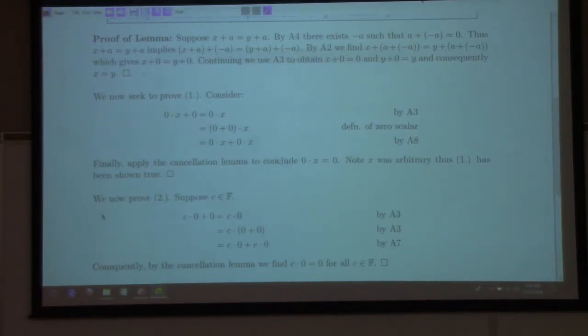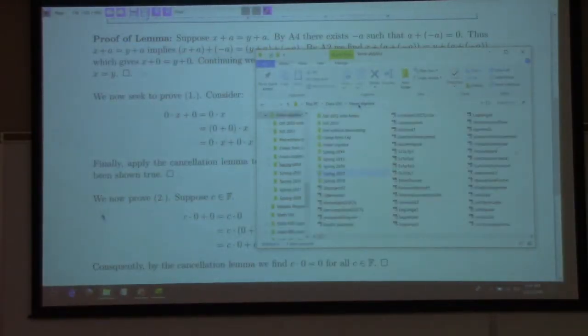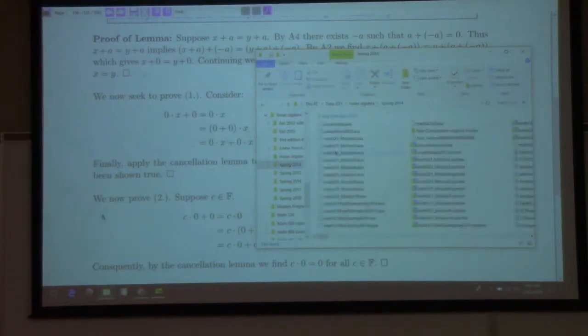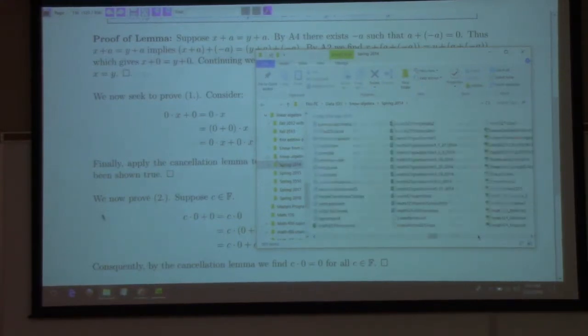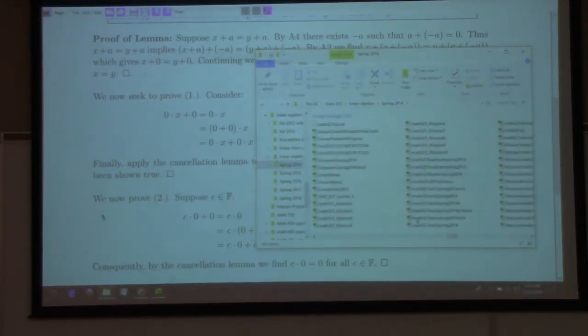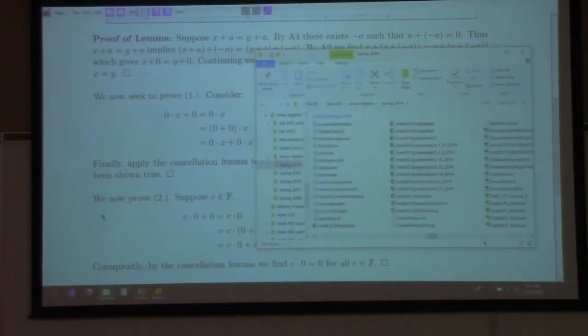Do you want to see what it looks like? I'll show you what it looked like last time I asked it, if I can find it. I think it was spring 14, I last asked this. Now, spring 14 was a little bit different. Where'd that thing go?